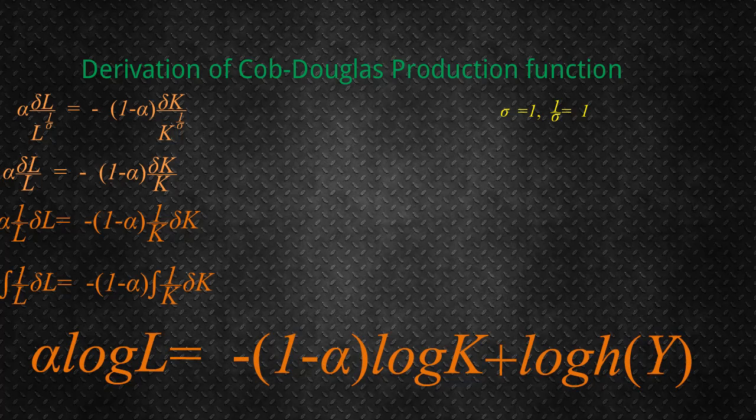The arbitrary constant of a partial differential equation in general can involve any function of the variable or variable held constant. We have denoted that constant of integration as log of h of y, since we determined the slope of the isoquant holding output, that is y, as constant.